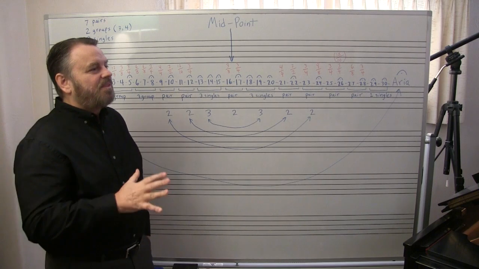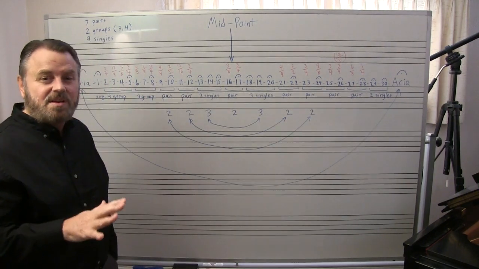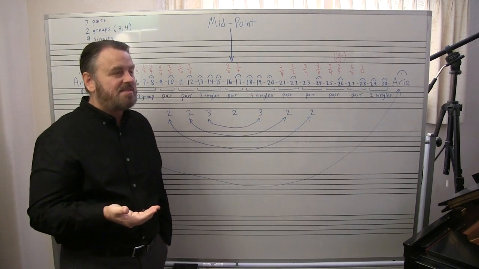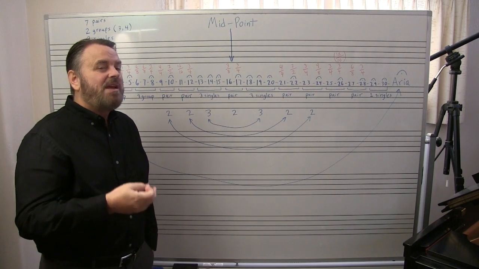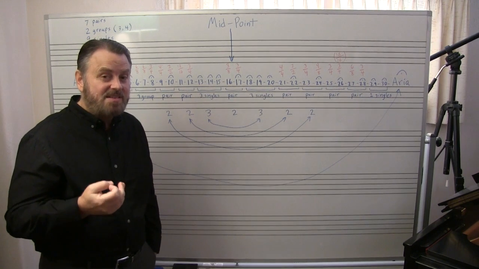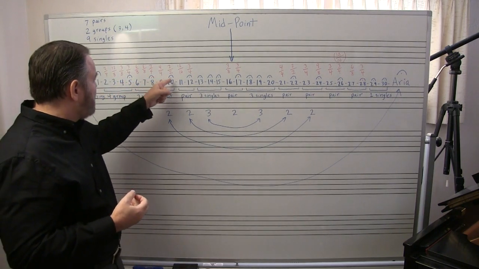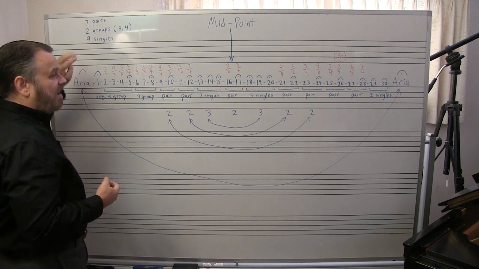I think Bach thought long and hard about how he wanted this organized, and we can see his thinking process. We can rework or figure out his thinking process by the way that he placed the fermatas. 7 pairs, 2 groups, and 9 singles.